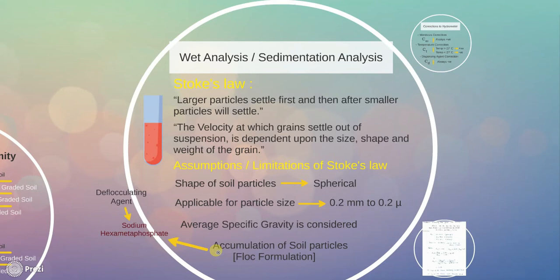And the last assumption: the finer grains of the soil carry charge on their surface and have a tendency of flock formation. A flock is an accumulation of small particles. The flocks then settle. Thus, if the tendency to flock formation is not prevented, the diameter measured will be the diameter of the flock and not of the grain.